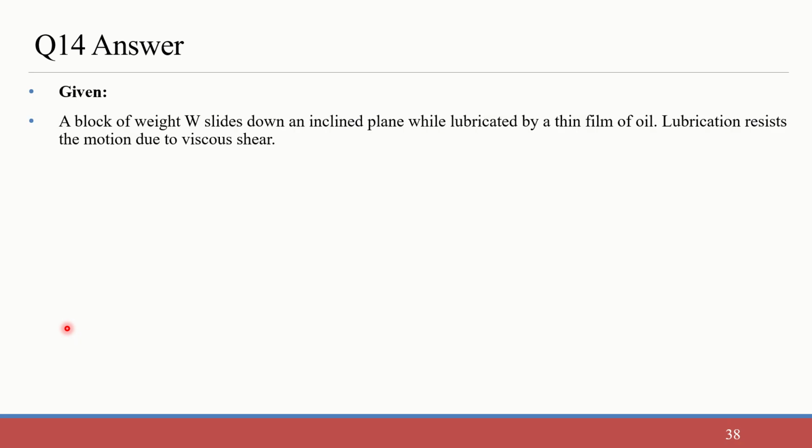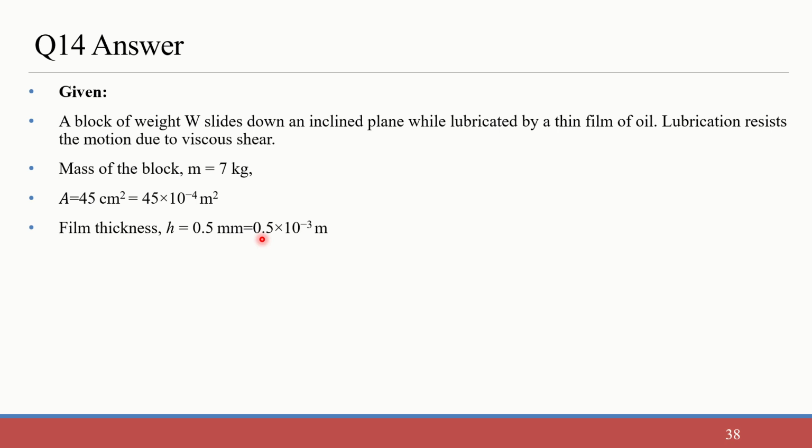What is given? We are given a block of weight W and it is sliding down an inclined plane while lubricated by a thin film of oil. Lubrication is resisting the motion due to viscous shear. The mass of the block is given as 7 kg, and the area, that is the contact area between the block and the film, is given as 45 centimeter square, or 45 into 10 power minus 4 meter square.